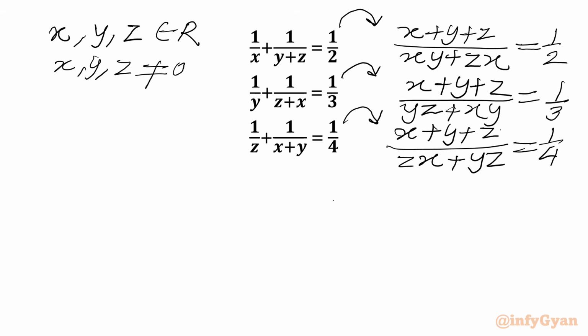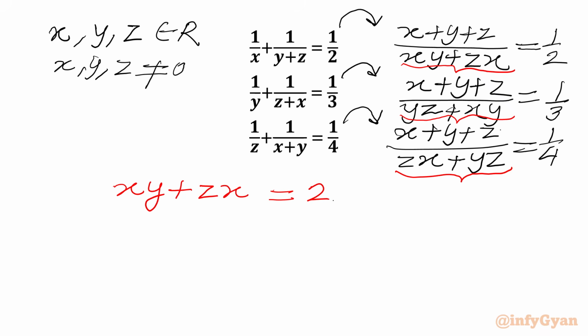Now we will find xy plus zx from this equation, yz plus xy from this equation, and zx plus yz from this equation. We will get xy plus zx equal to 2 times x plus y plus z.